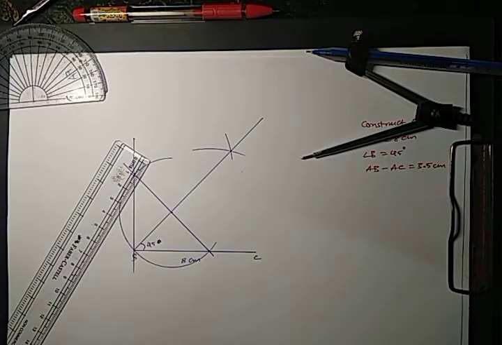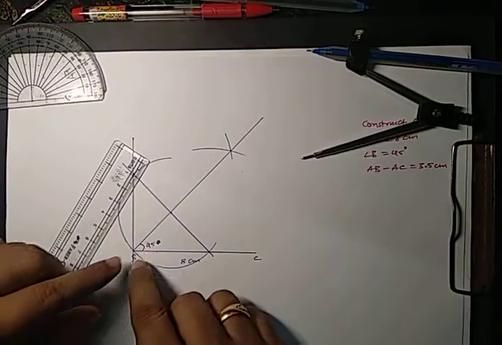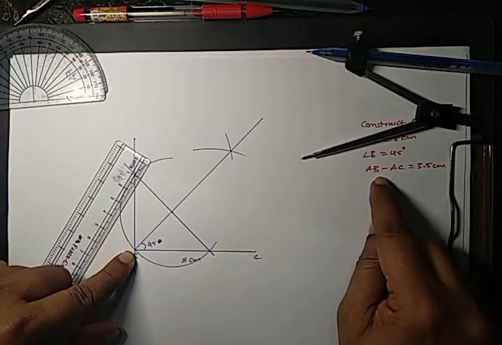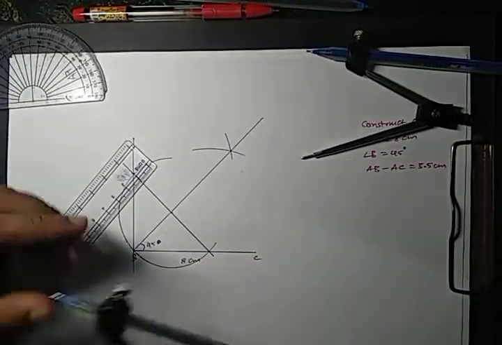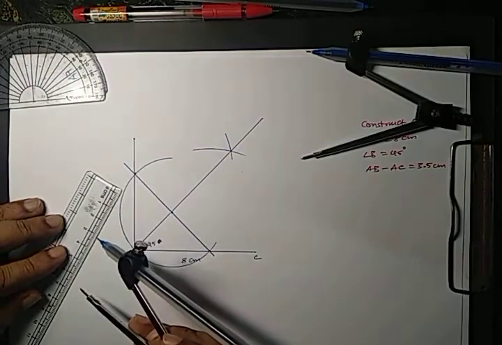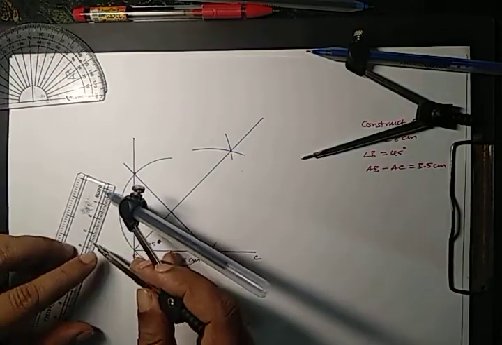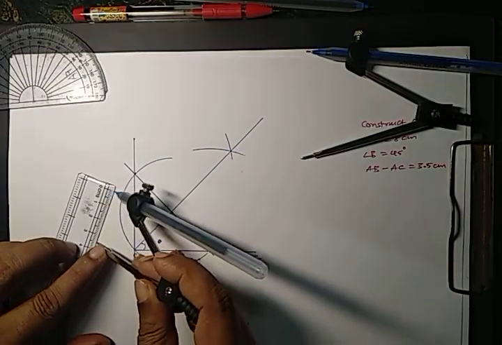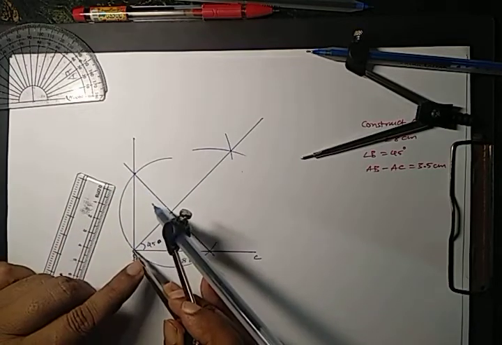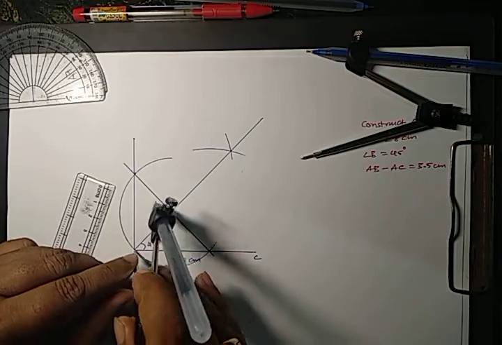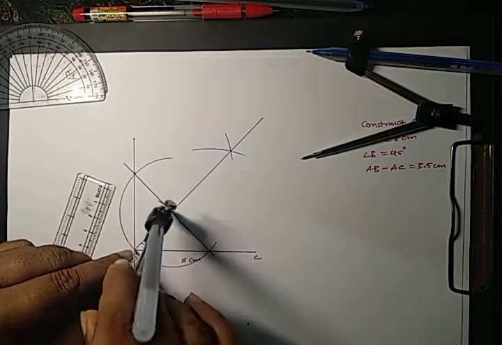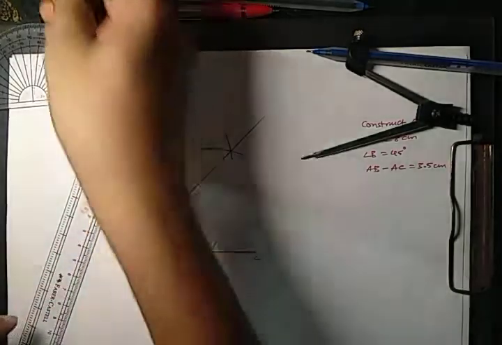Now from B, the difference between AB and AC is 3.5. So I need to have a cut for 3.5. This is 3.5. I keep it here and make a cut here. This is the point of cutting.